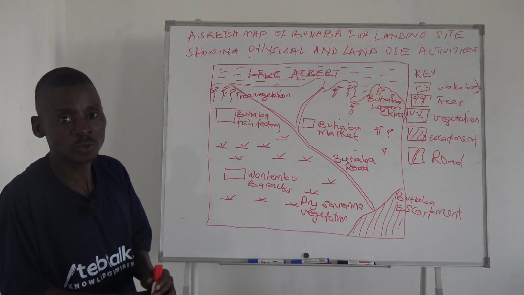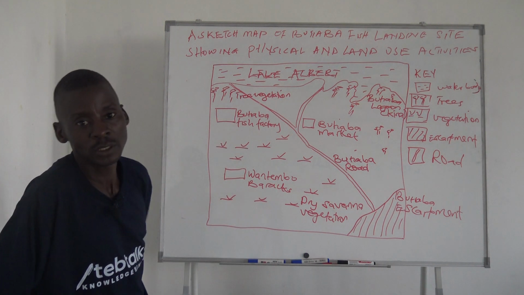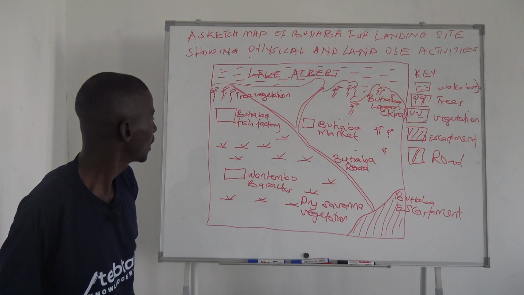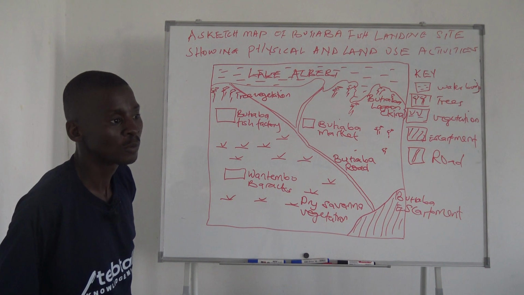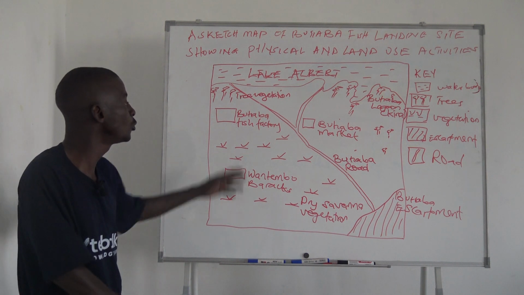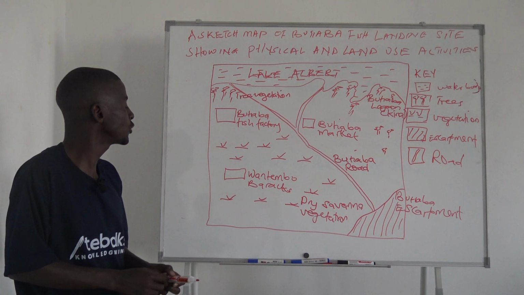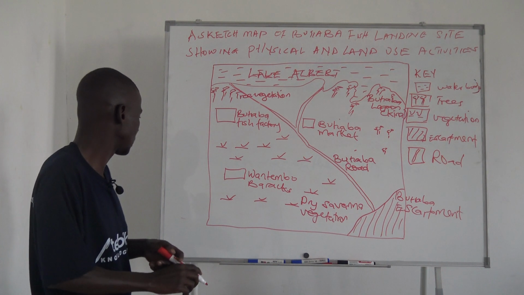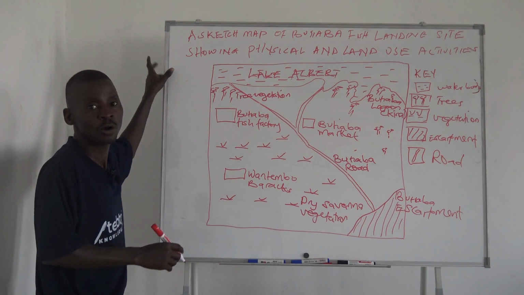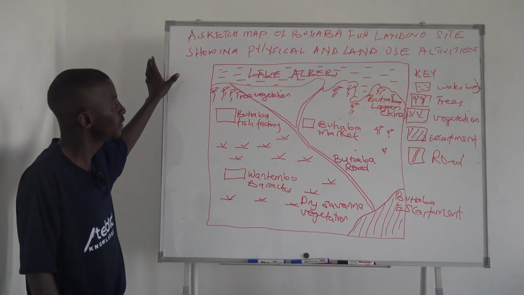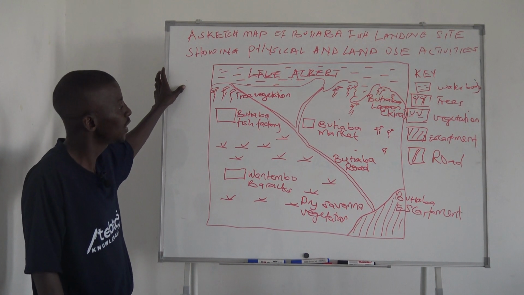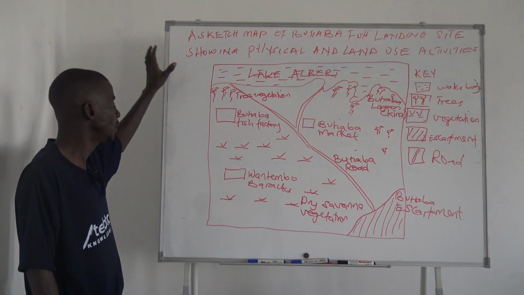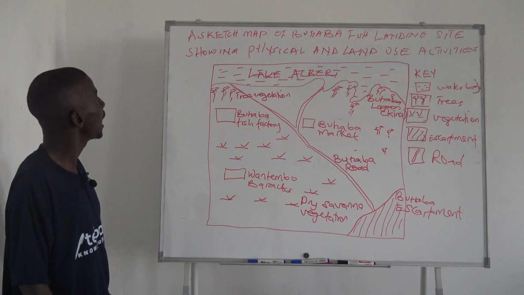There is no way we are going to do fieldwork without knowing the sketch map of the area of study. Sketches will vary depending on the area where you have gone for your fieldwork. But any sketch should be marked or drawn depending on those 3 things: 3 physical features, 3 land use activities, a key, of course a frame, and a title.